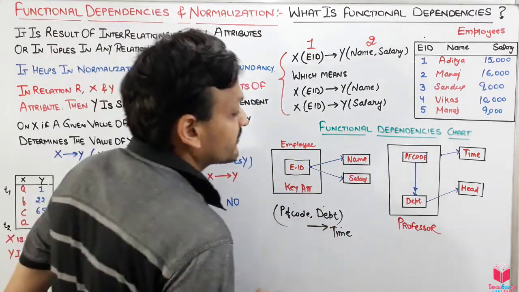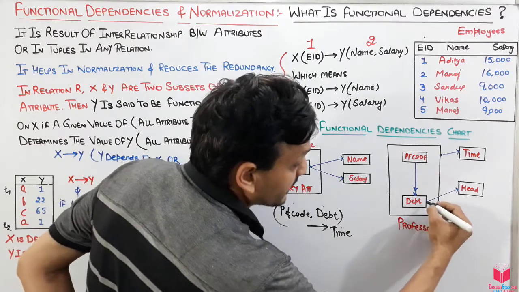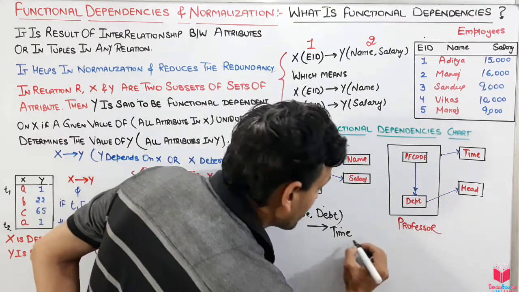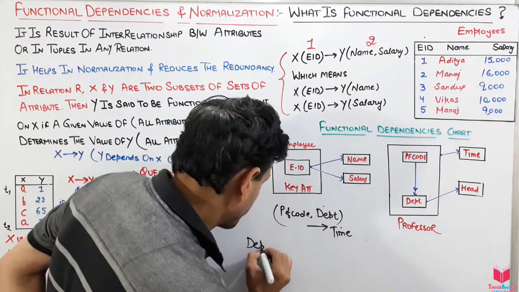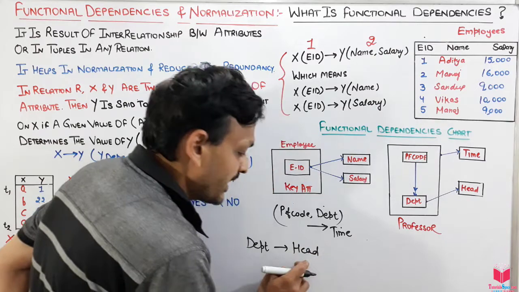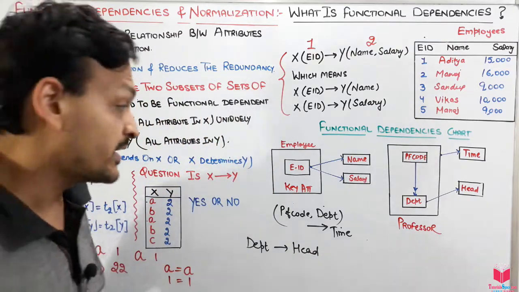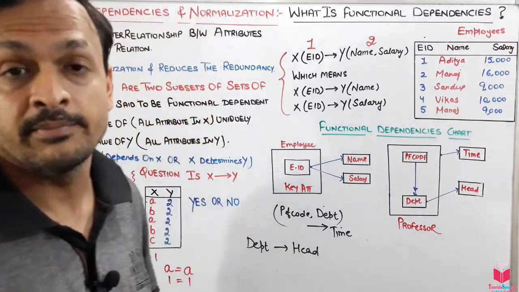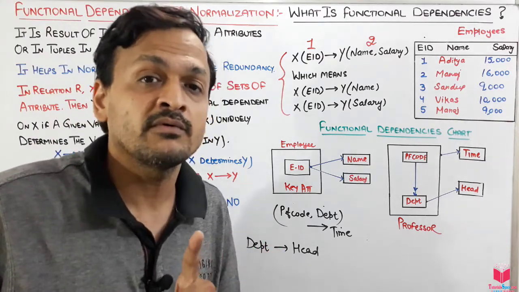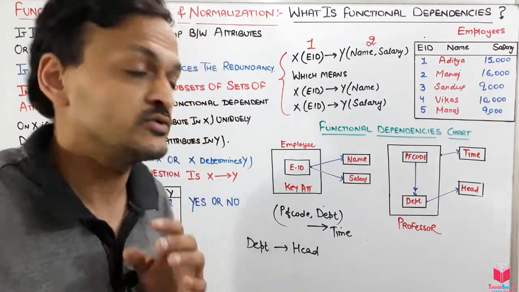Remember, after that there is department to head. See, there is an arrow from department to head, not from the whole table. So we have to write department arrow head. Head is functionally dependent on department because we can find the head of the department. How? Because there is always one head of a department, that is called the HOD.